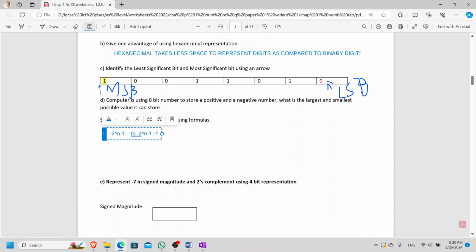Okay, so this is our formula. The first part represents the value for the smallest possible number, and this second formula represents the largest possible value.